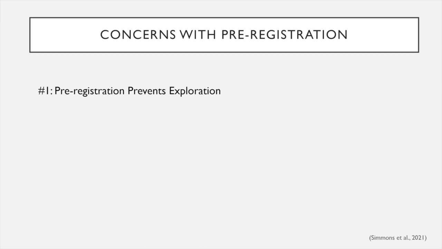The aim here is to differentiate in a very clear way what is confirmatory and what is exploratory research. So exploration of data is not hindered by pre-registration, but it's something that comes up in a lot of forums and in concerns in the literature.